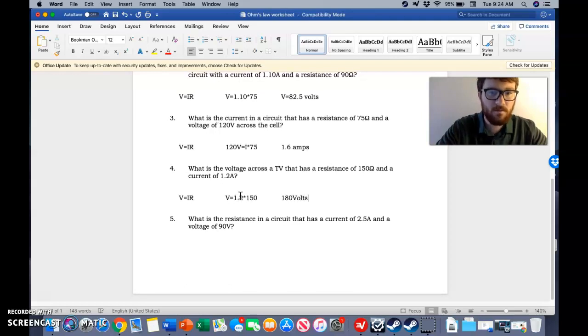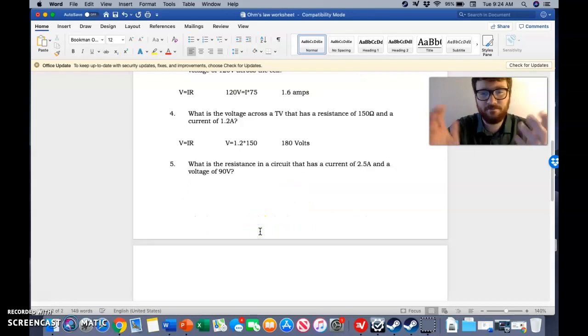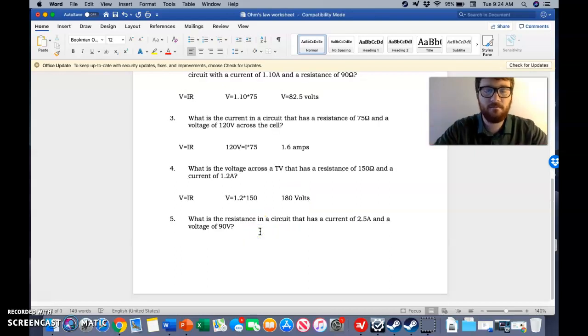And lastly, and hopefully you're making sense of this. I don't think it's extremely complicated. But what is the resistance in a circuit that has a current of 2.5 amps and a voltage of 90 volts? V equals IR.